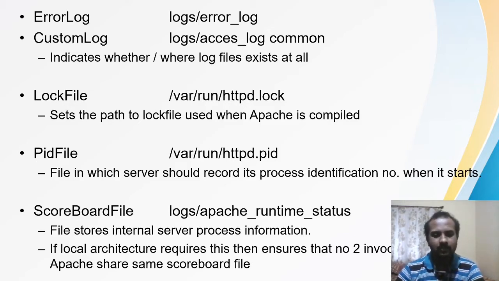PidFile: PID is the process identification number, the file in which the server should record its process identification number when it starts. It should make note of every piece of information about that process. ScoreBoardFile will give the complete information regarding the server process information.